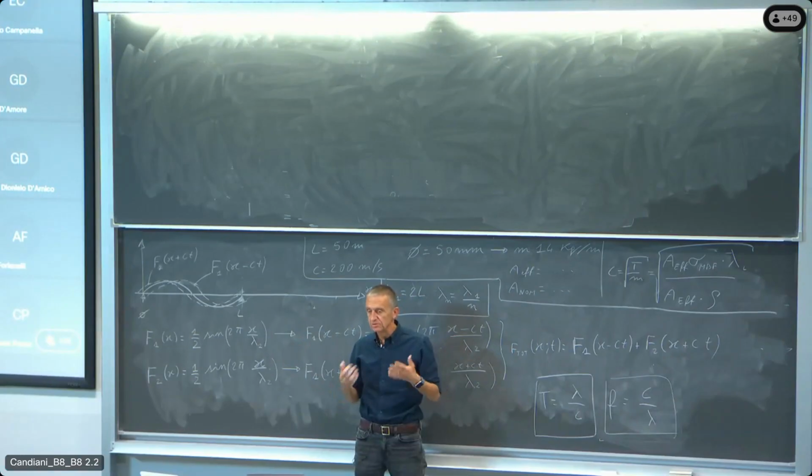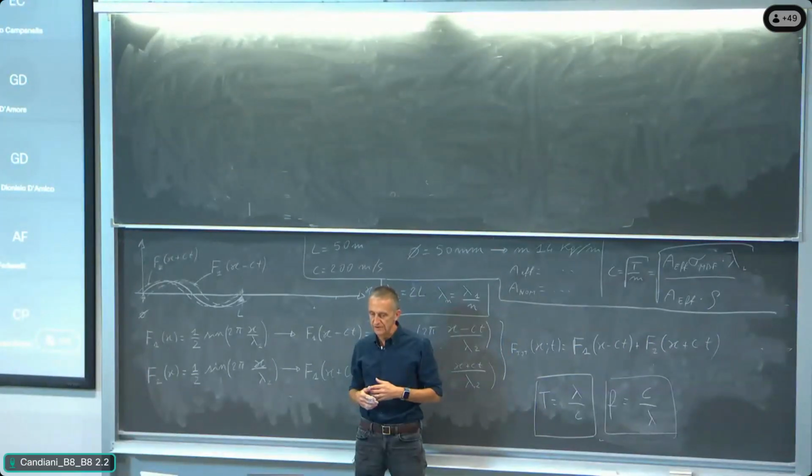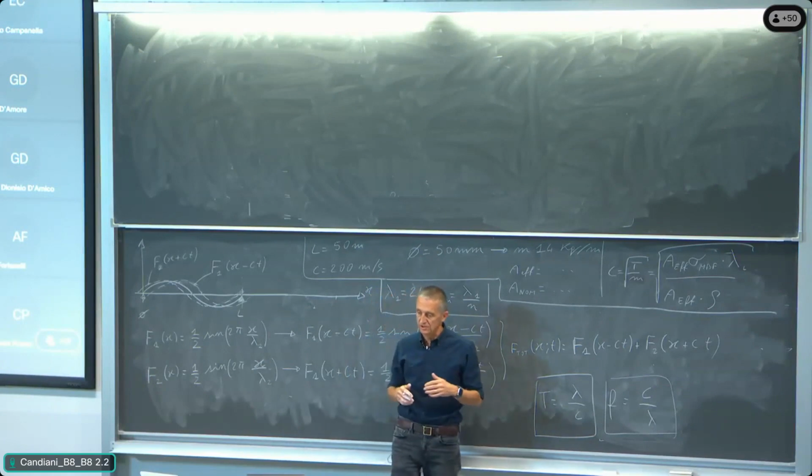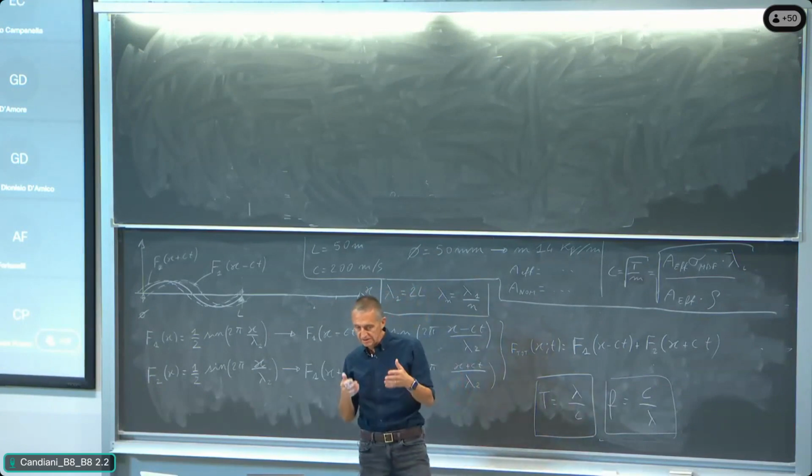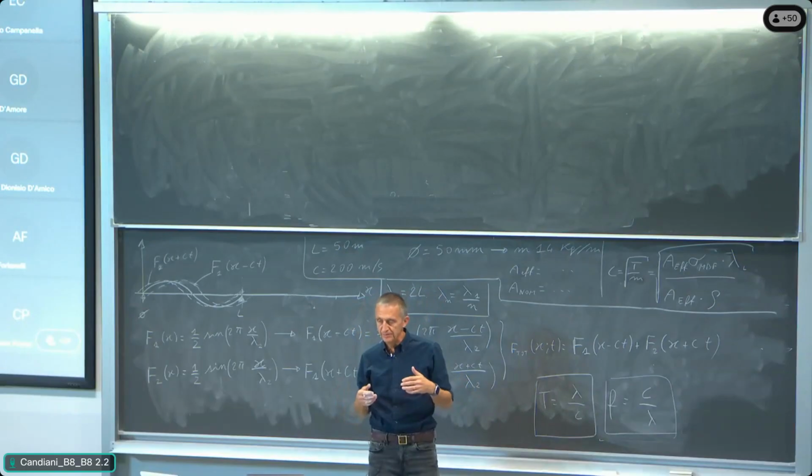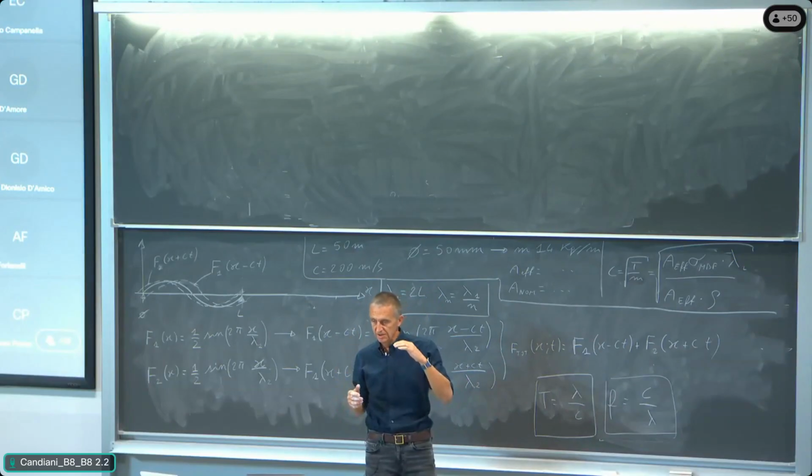And she showed you how this propagative shape is built, making the superposition of the standing wave solutions associated to the initial condition given in terms of position. So she made the example of the standing wave solution with an initial condition with given position and zero velocities.